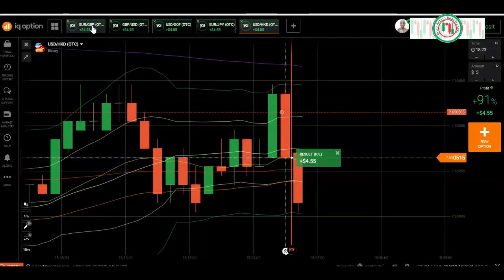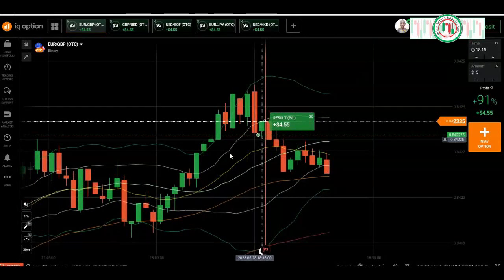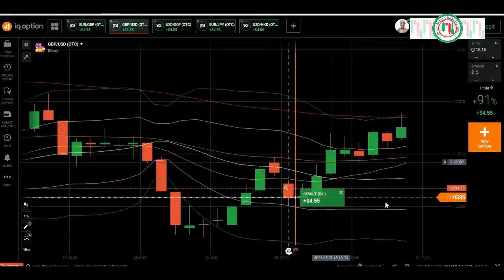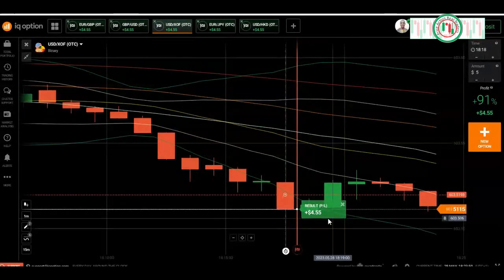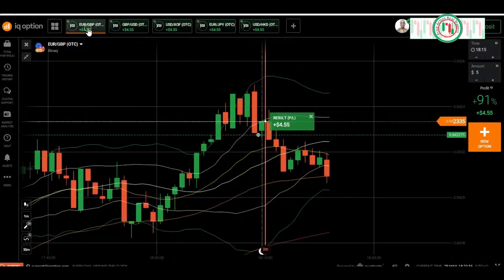As you can see now, I placed a total of 5 trades, all winning trades based on my analysis. You see, very nice one here. You see here, put option, this another put option, this another put option. Okay, only one call option, this one call option.